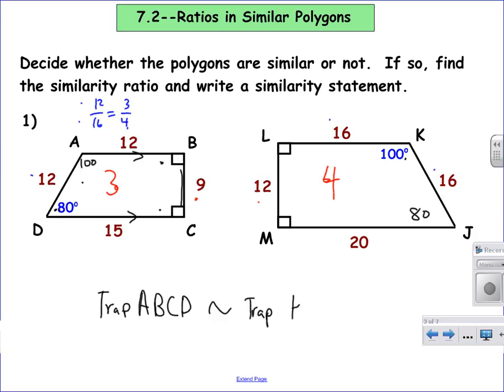So K, and then I went to a 90 degree on top, so that must be L, and then we're going to just work around: M, J. All right, and that's what you do to make your similarity statement. You have to line these up and take a minute to do that. It's not the only similarity statement you can make, but if you started with trapezoid ABCD, now this right hand side, the large figure, would have to follow.